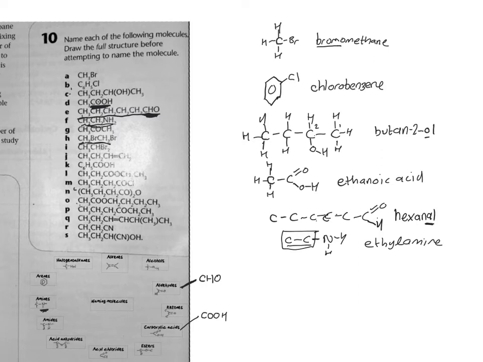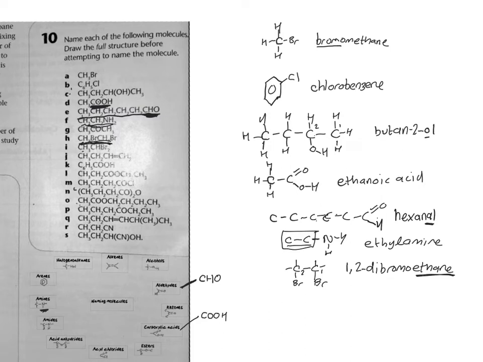H is obviously a halogenoalkane, and if we draw it out, we have a bromine atom on carbon 1 and a bromine atom on carbon 2. And therefore, that is 1,2, because the bromine atoms are on position 1 and position 2. There are 2 bromines, so dibromoethane, stem ethane, because there are 2 carbon atoms.